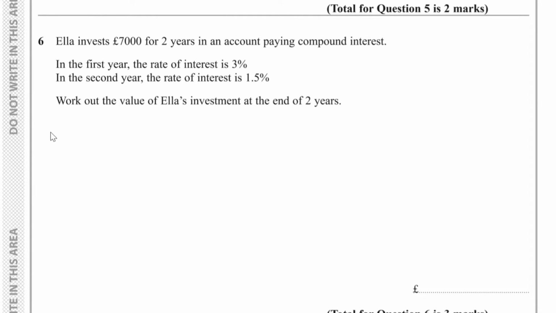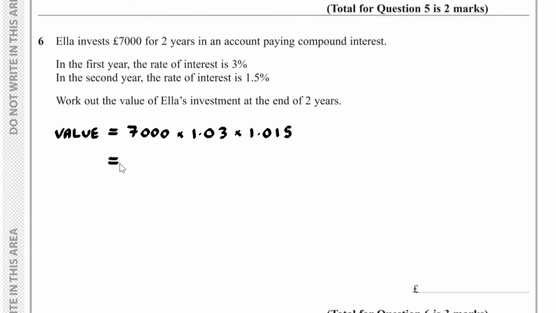Well, the amount that she would have will equal the 7,000. Then in the first year, we've got 1.03. And in the second year, we've got 1.015.